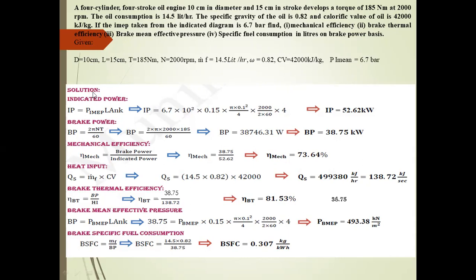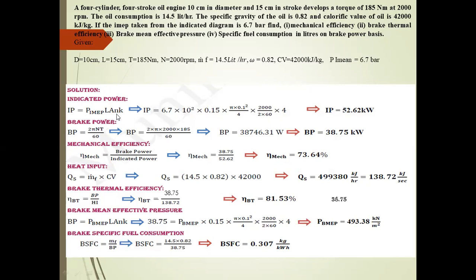From the solution point of view, as I told you earlier, indicated power is the power developed by the combustion of the fuel in the combustion chamber. Indicated power is the indicated mean effective pressure, the length of the stroke, and the area of the cylinder piston, and N is, for a 4-stroke engine, 2000 divided by 2 into 60, and K is the number of cylinders. So the indicated mean effective pressure is 6.7 into 10 to the power 2, converting bar into kilonewton per meter square, the length of the stroke is 0.15, and the area of the piston is pi d squared by 4.